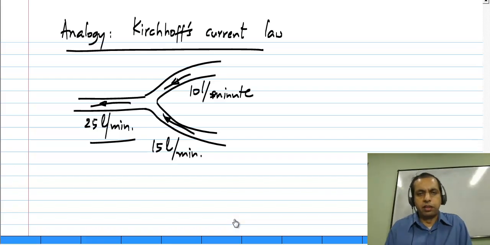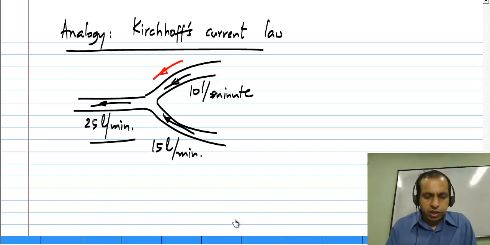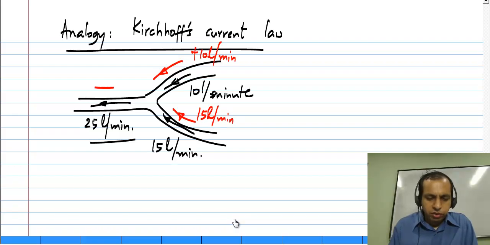And the way we stated Kirchhoff's current law is to take flows only towards the node. So if we do that for this, we can say that water is flowing here at plus 10 liters per minute and here at 15 liters per minute. And if we have to take this flow also in this direction, we know that water is going out, but in this direction it is minus 25 liters per minute.